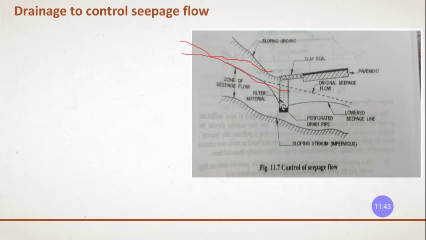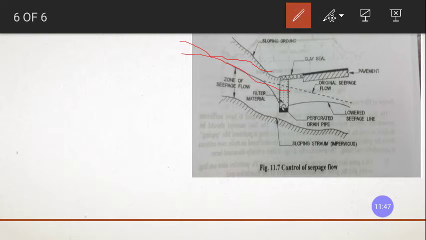So when the water tries to enter the road, it gets into the drainage facilities, and from there we take it out. This way, we are trying to reduce the seepage line. If this drainage was not there, the water would get into here, like this.